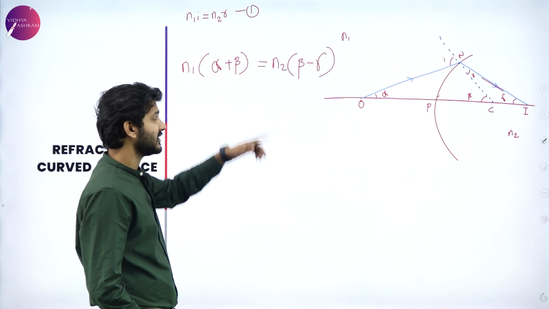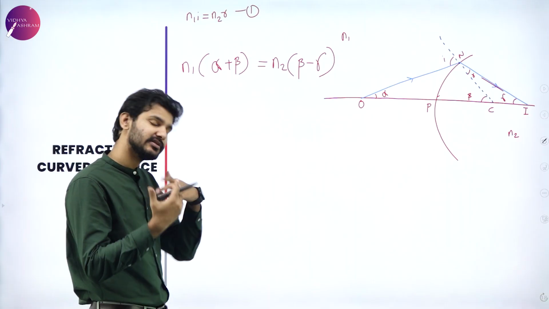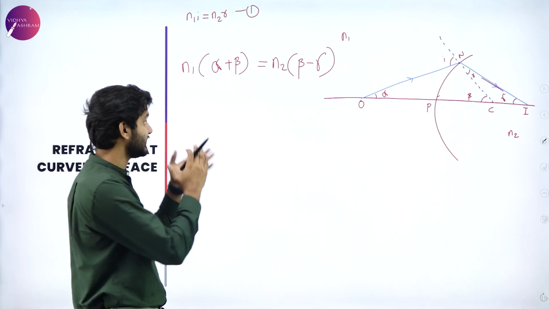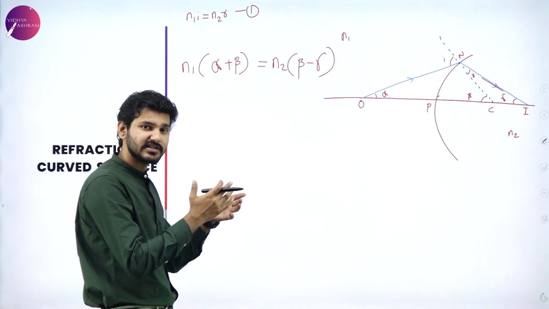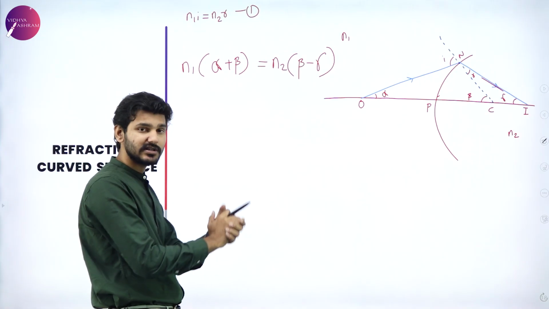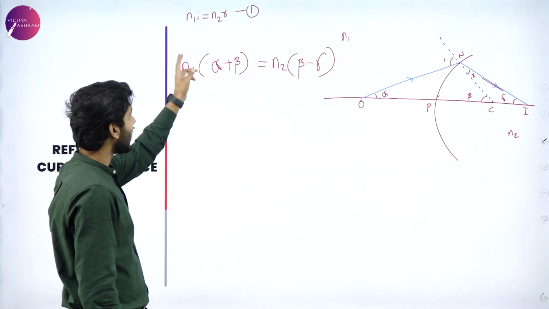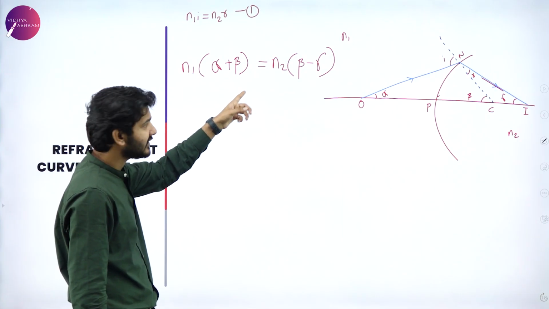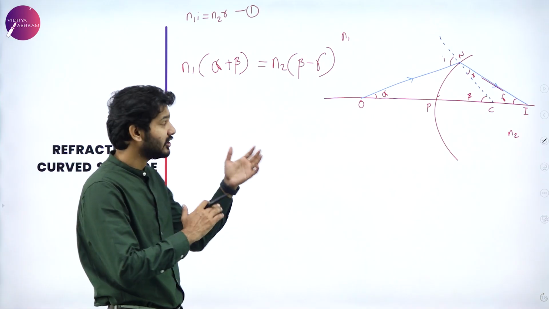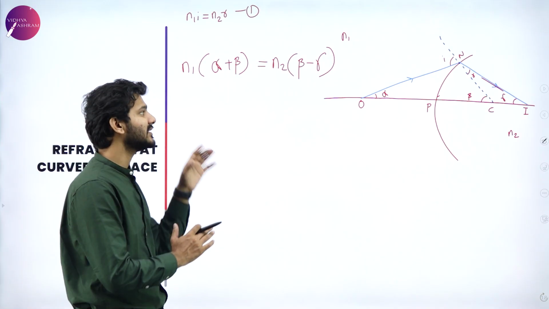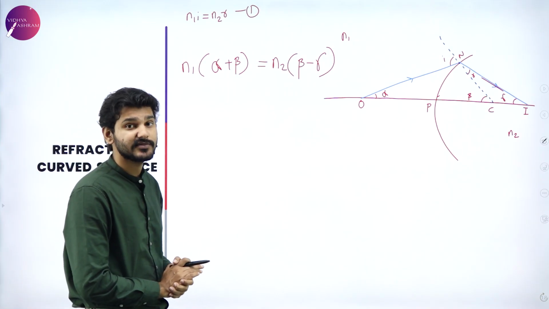I'm not using the angle symbols because it is understood already, that alpha is an angle, beta is an angle, not magnitude values. So I'm just taking it as such. Instead of I, I can write alpha plus beta. Instead of R, I can write beta minus gamma. So this is our new equation, and again, alpha and beta are in terms of angles.